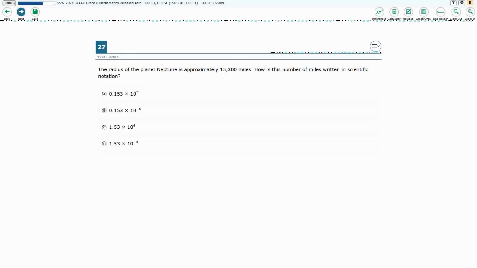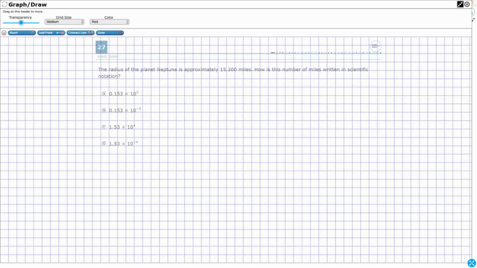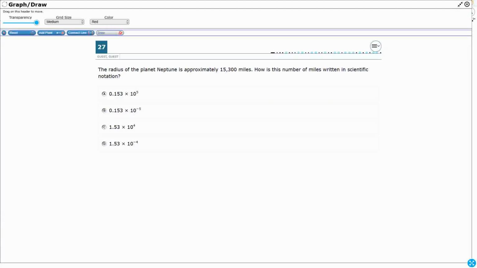Next, for number 27, we are looking at scientific notation. This is standard 8.2c. We've got a little bit of a verbal description here, but it doesn't really matter. We're just looking at this. We want it in scientific notation. Now, here's the thing with scientific notation.